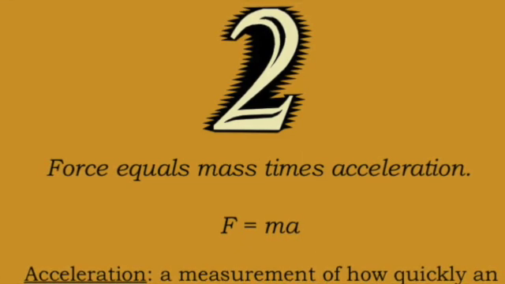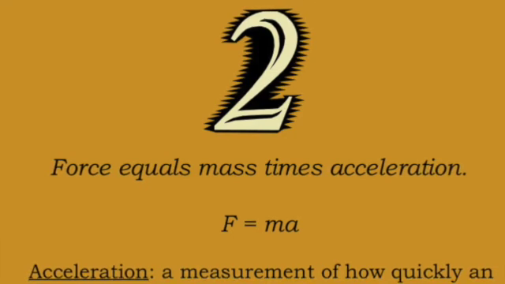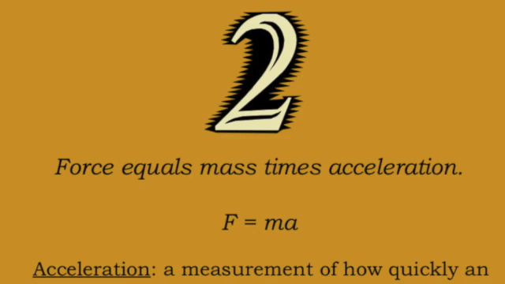Now the equation for this is force equals mass times acceleration. What is acceleration? Well, it's a measurement of how quickly an object is changing speed. Think about driving a car.